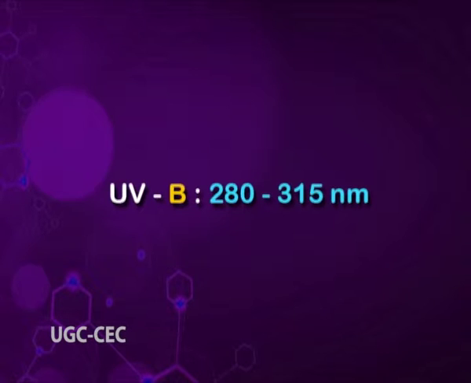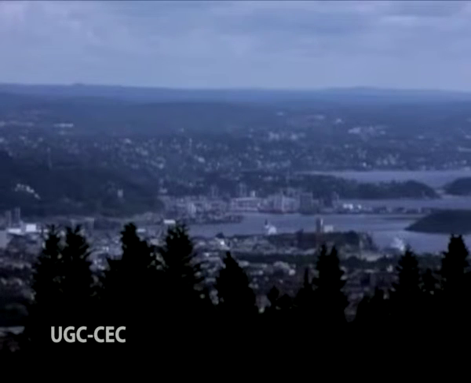Since ozone absorbs UV radiation, particularly in the UVB region of 280 to 315 nanometers, the depletion of ozone will leak more UVB radiation to the global surface from the extraterrestrial radiation. Excess of this UVB radiation is harmful to plants, animals and human beings.